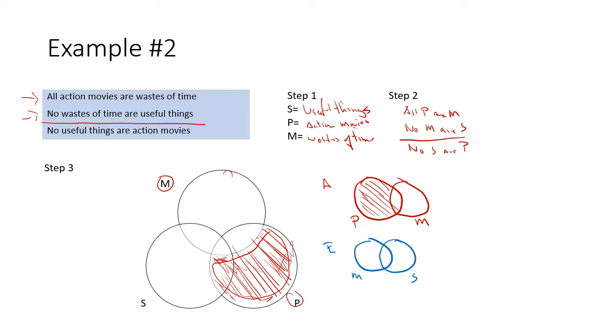And with universal negatives, we have overlaps that get shaded in, little football shapes that get shaded in. So what we need is the overlap between M and S to get shaded in. That's this football here on the left. And so it gets shaded in.